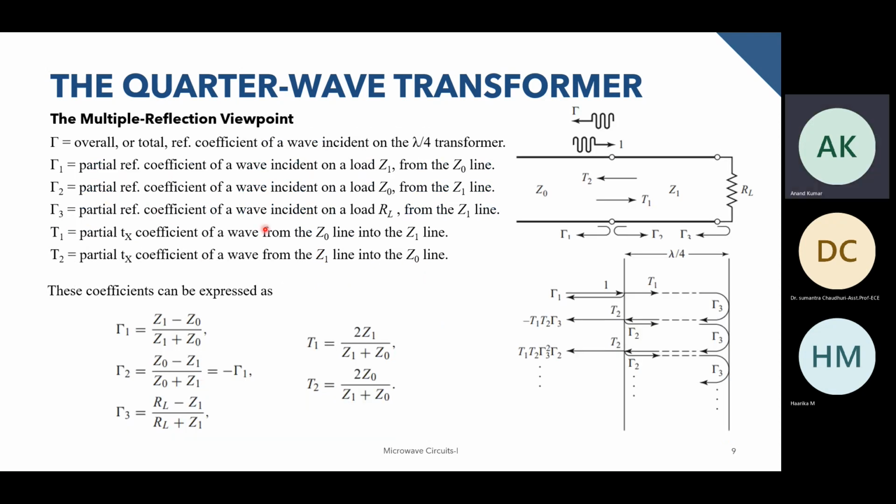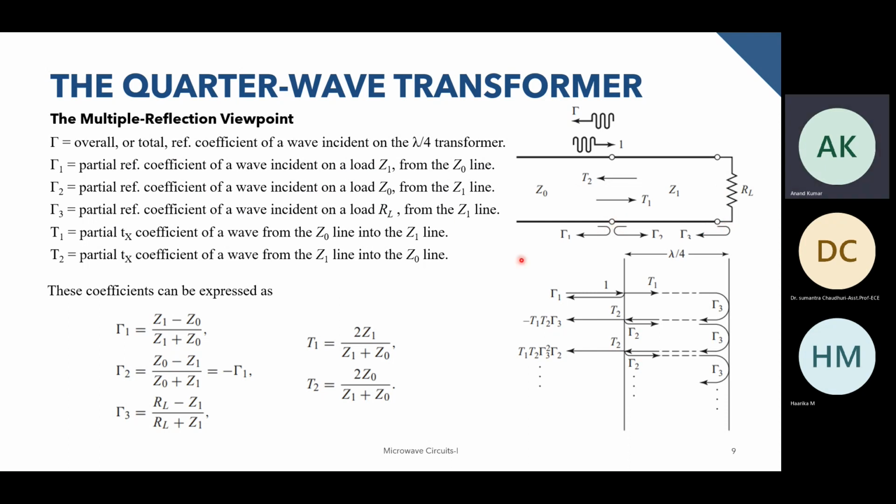Then, using the multiple reflection viewpoint, this time we did not use the formula for input impedance. We assumed that a wave is traveling, and found the reflection coefficient and transmission coefficient at these two points.